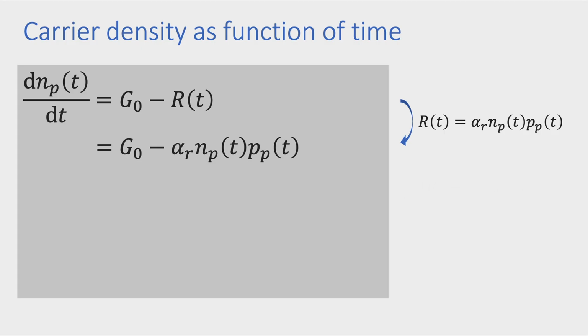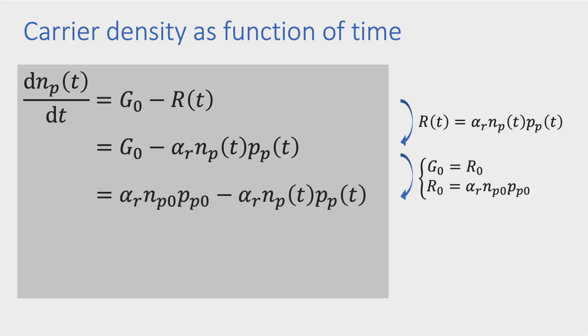We can find a similar relation for the thermal generation rate by realizing that this is equal to the thermal recombination rate and that this in turn can be written as a product of the thermal equilibrium carrier concentrations Np0 and Pp0.